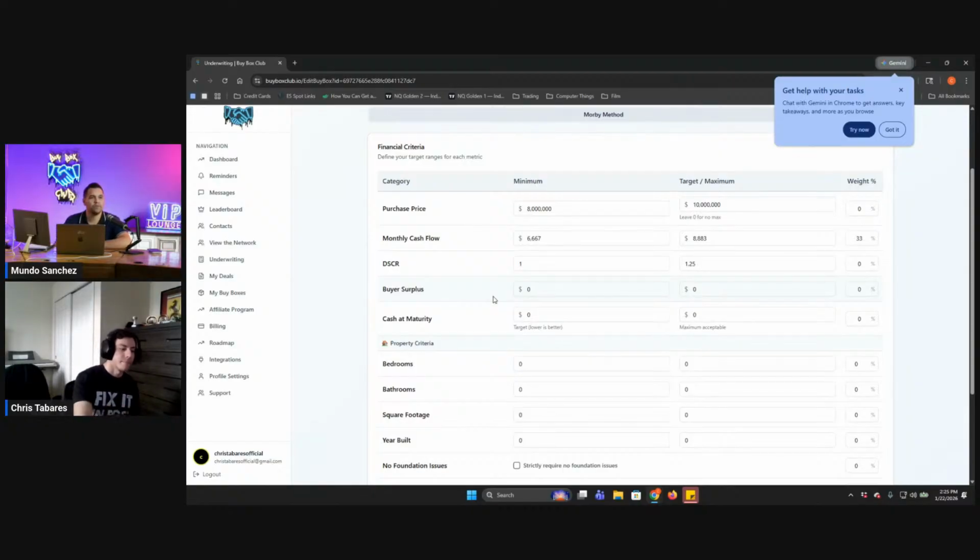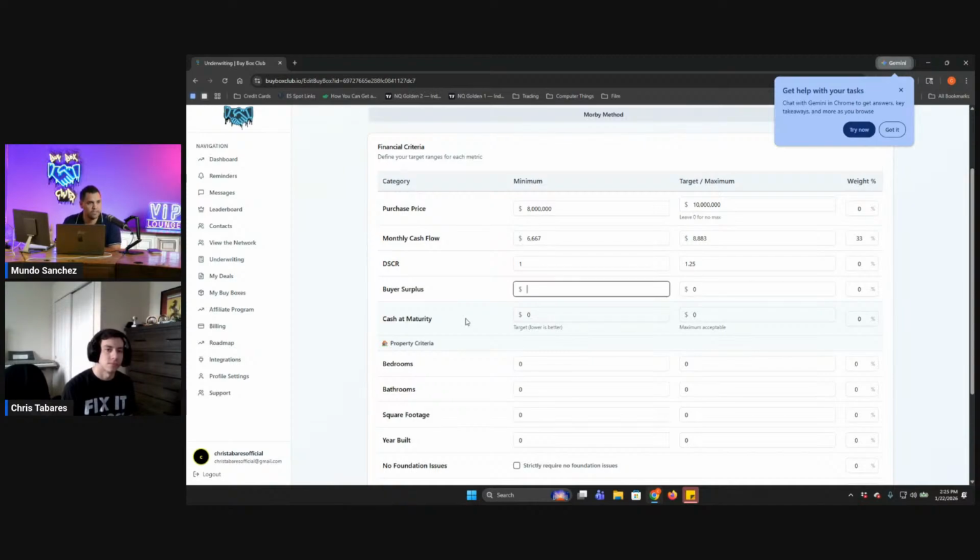Typically the way Morby Methods are structured, based on how you're financing the debt, there is an opportunity for you to structure reserves into the deal. So you could close and essentially get paid to buy the property. And the smart thing to do would be structuring it so that the extra surplus of funds you're getting in the deal gets applied to reserves.